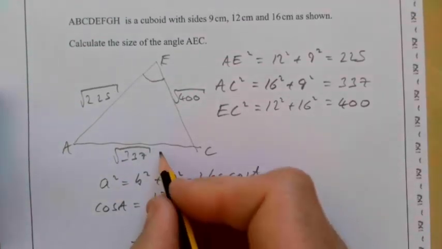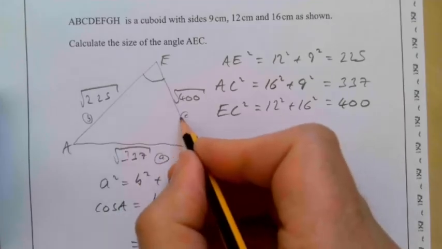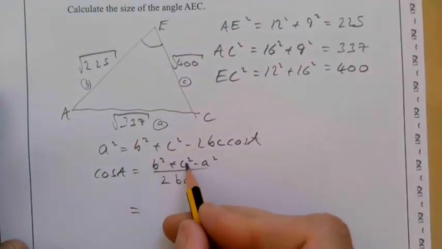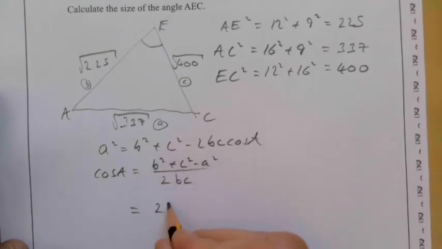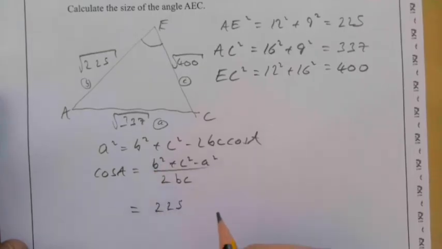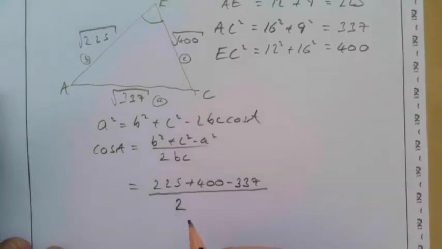And so this here has to be my a, and the other two then don't matter. So b squared plus c squared minus a squared. B squared is 225. See how it was handier just to keep them as that? Plus 400 minus 337 all over 2.